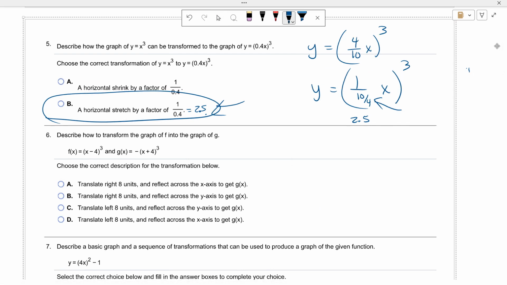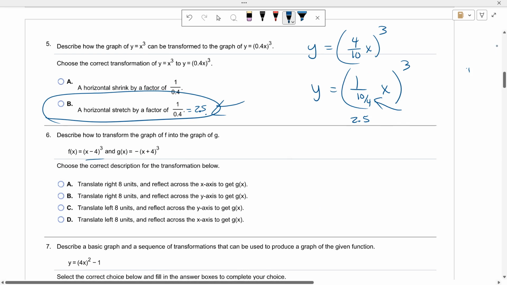Describe the transformation to get the graph of f into the graph of g. What's the difference between these two? The plus or minus in front and something else. This is a positive, this is a negative.